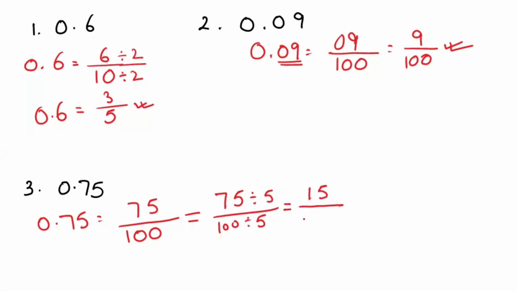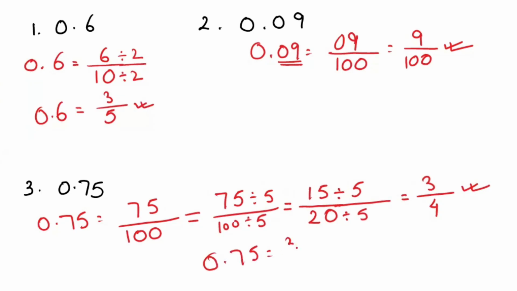And 5 times 20 is 100. Now we can further simplify it, so we will again divide by 5. Then 5 times 3 is 15 and 5 times 4 is 20. After that, we can't simplify it. So 0.75 is equal to 3 over 4.